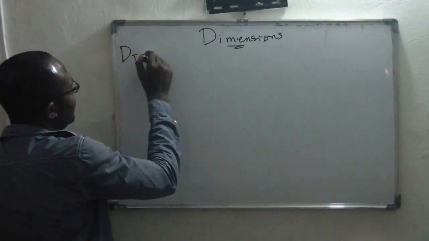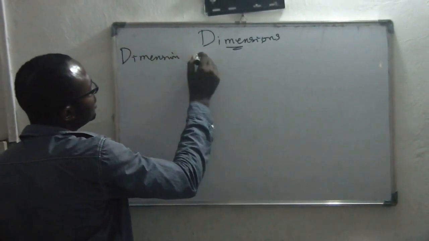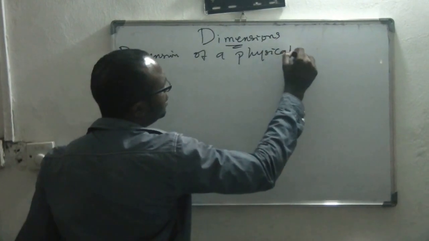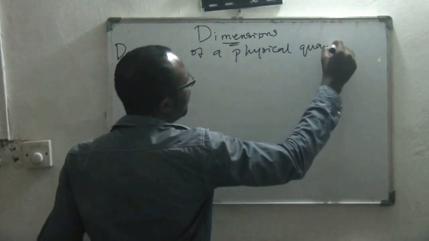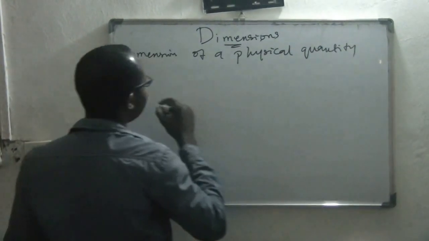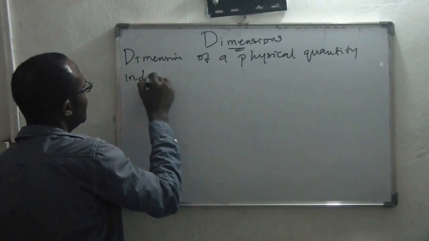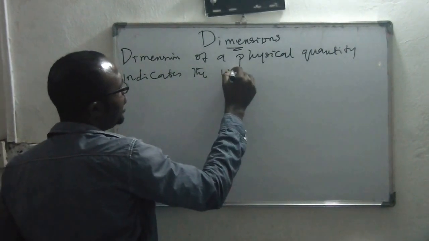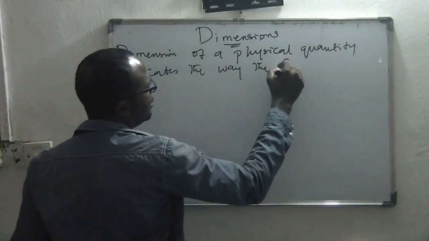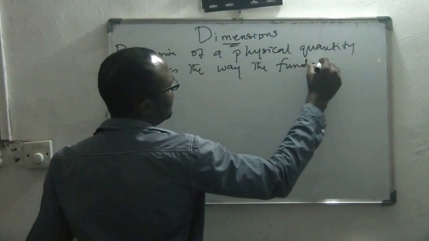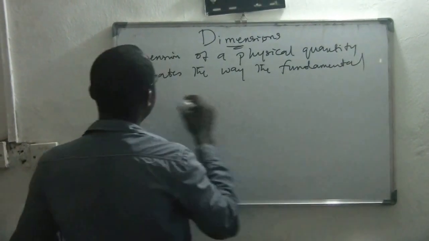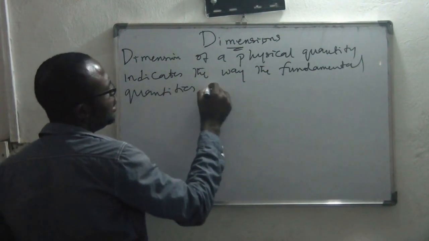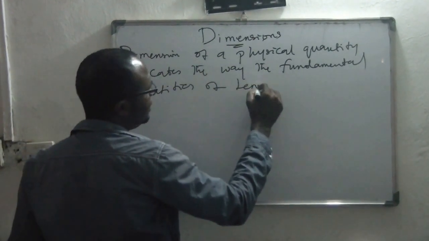We can simply say that dimension of a physical quantity indicates the way the fundamental quantities of length, mass and time are represented.